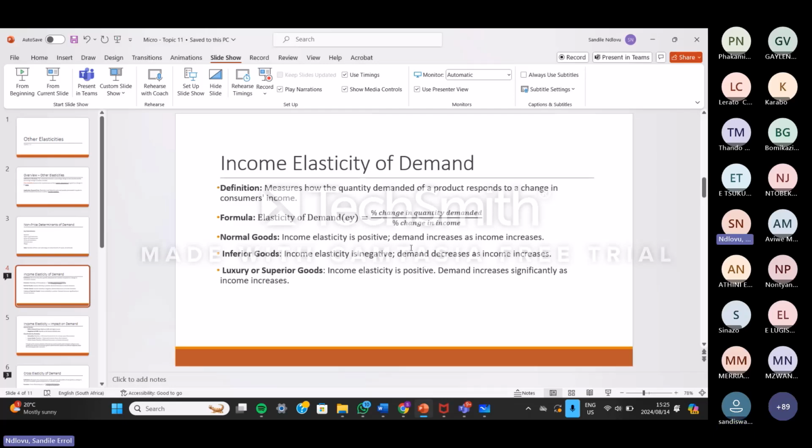Okay, so let's just talk about all of them from the start. For normal goods, demand increases as income increases. So as your income increases, you'll spend more on normal goods, your food and your utilities. With inferior goods, demand decreases as income increases, because as your income increases, you'll spend less on goods that you see as inferior or cheap goods.